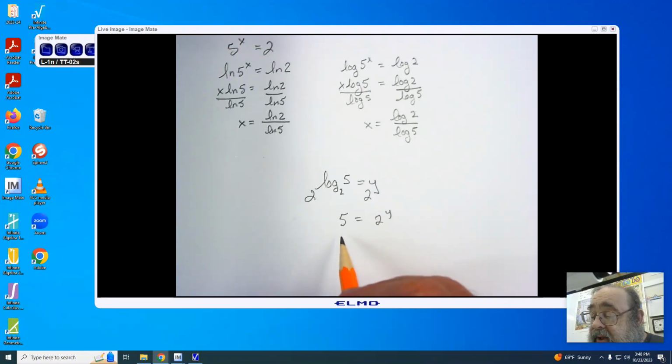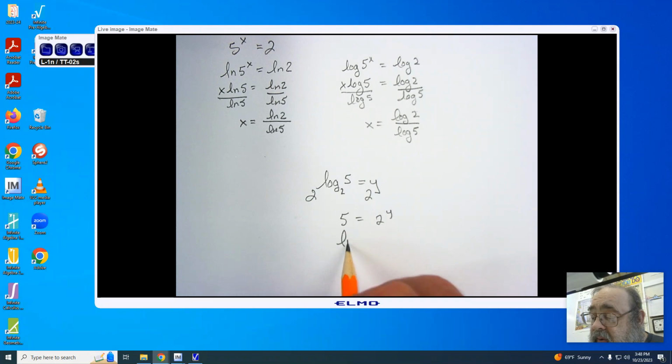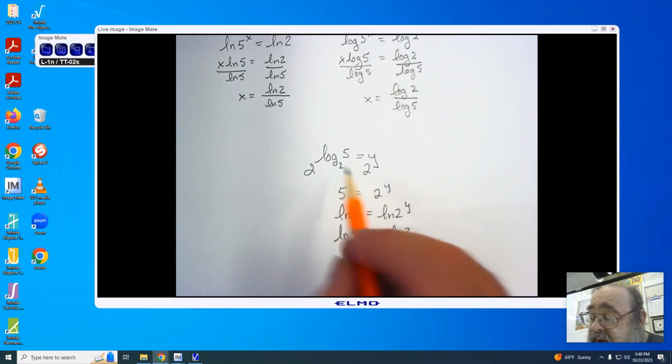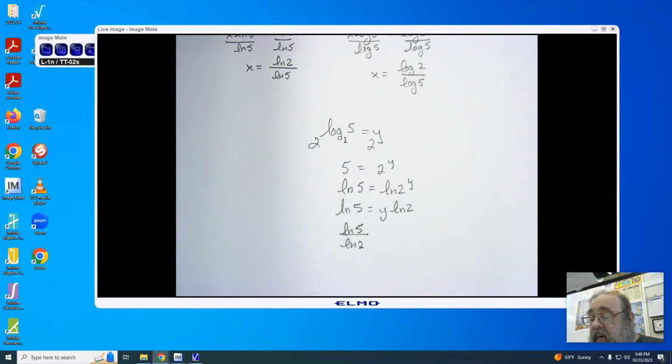And then I take the natural log again so that the natural log of 5 is equal to the natural log of 2 to the power of y. The natural log of 5 is now y natural log of 2, and when I divide, I have changed my base from base 2 into base e.